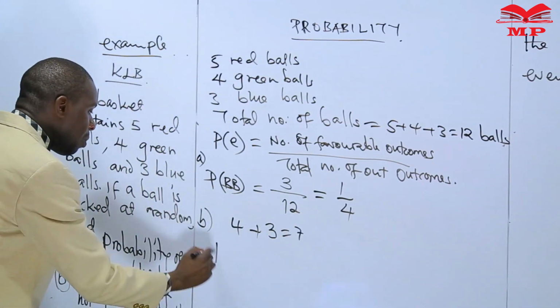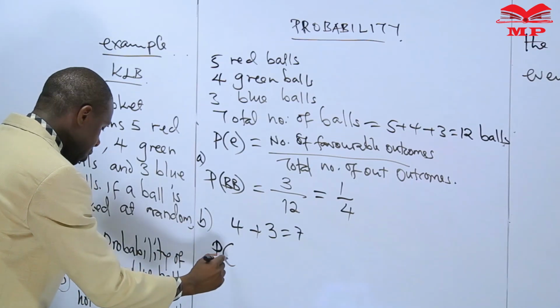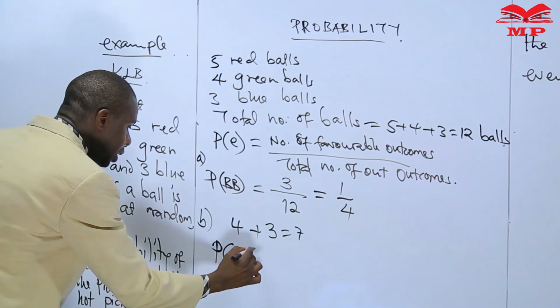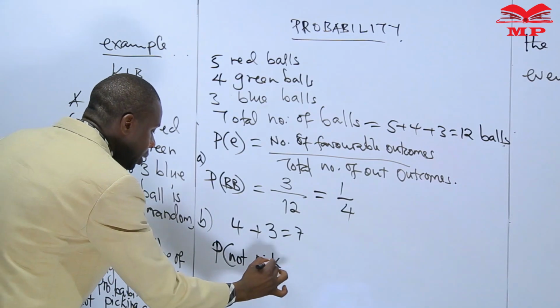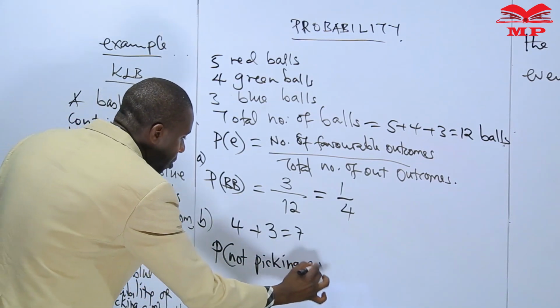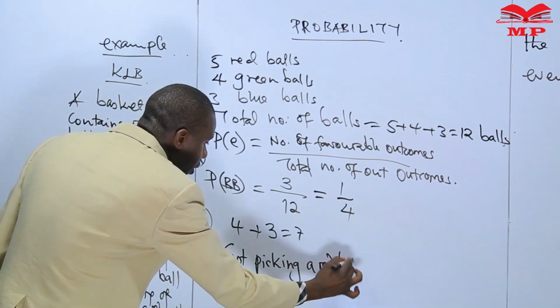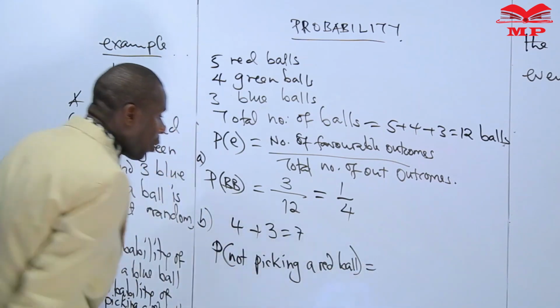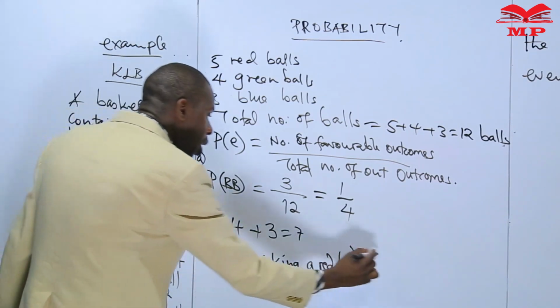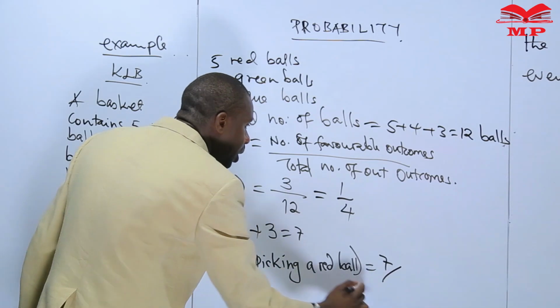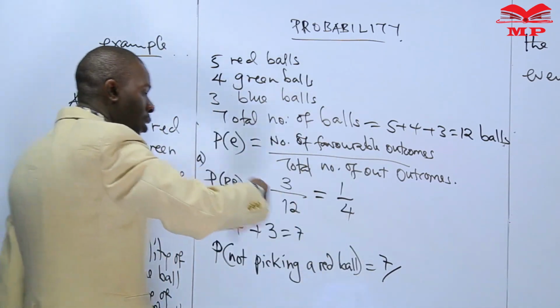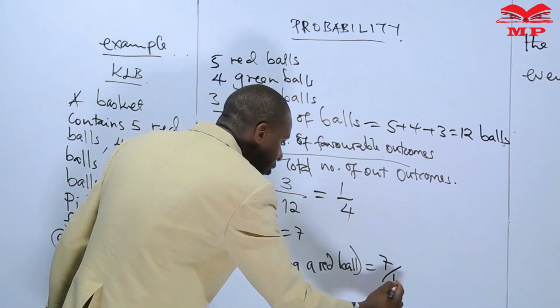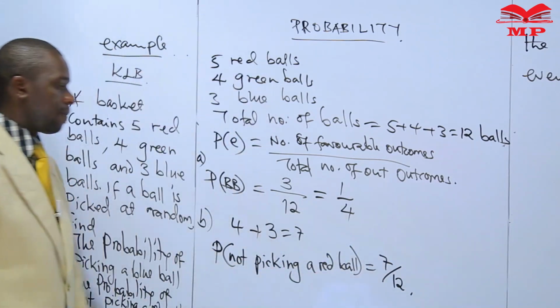So therefore, our probability of not picking a red ball will be the probability of picking all the other balls out of the total number of outcomes, which are 12 balls, like that.